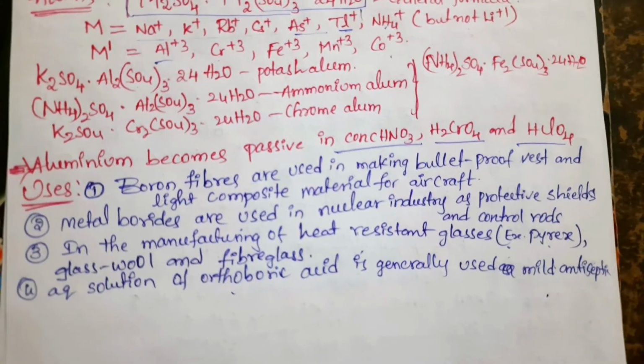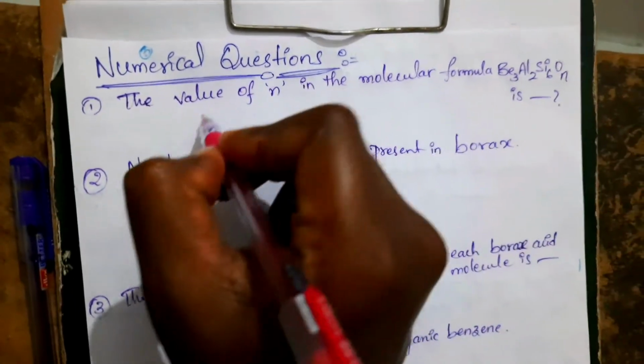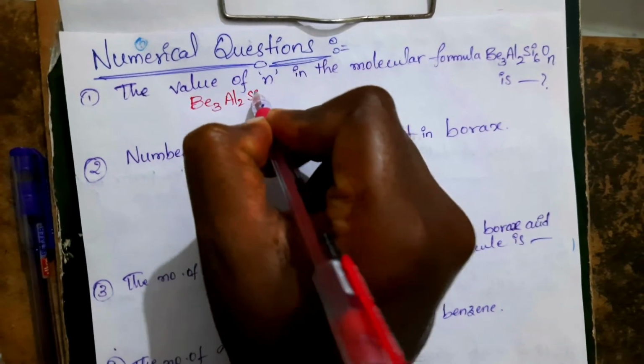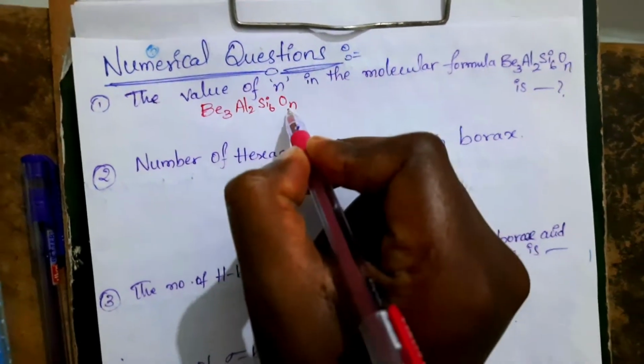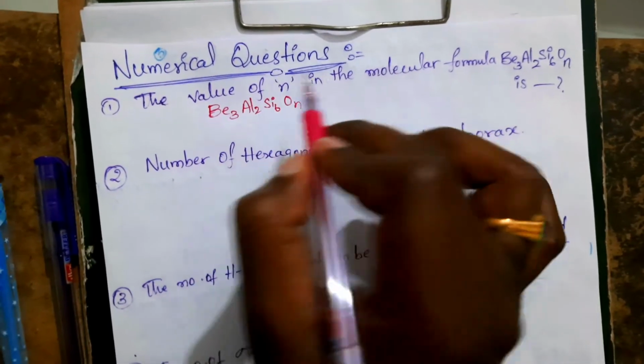Now we will see the numerical questions. First question in numericals, what are they asking? Be3Al2Si6On. What is the N value? Generally in a molecule the sum of the charges should be equal to 0.